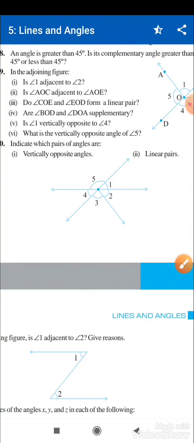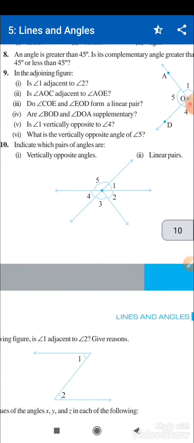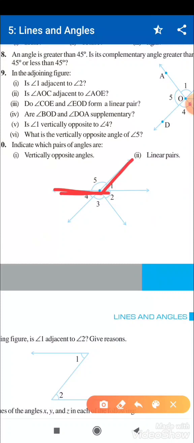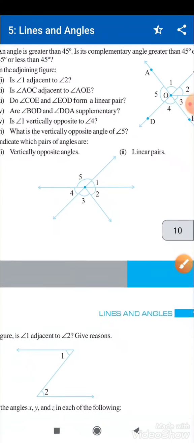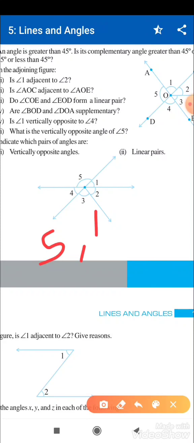Now move to our next pair. Here you can see that angle 5 and angle 4 also make an angle of 180 degrees. So we can say that angle 5 and angle 4 also make a linear pair.